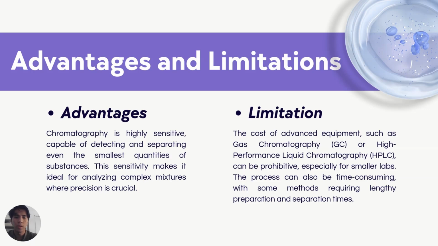The cost of advanced equipment such as gas chromatography, GC, or high performance liquid chromatography, HPLC, can be prohibitive, especially for smaller labs. The process can also be time consuming, with some methods requiring lengthy preparation and separation time.